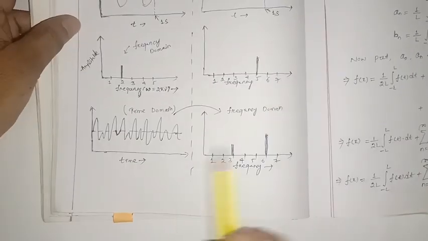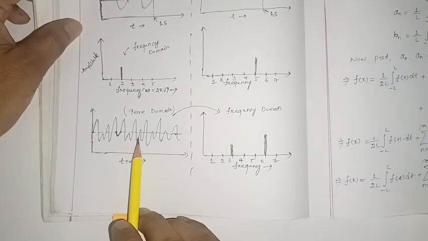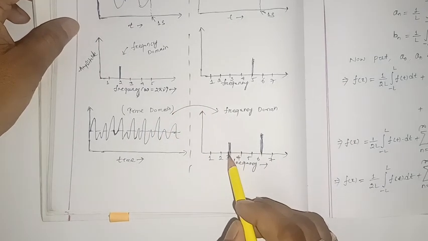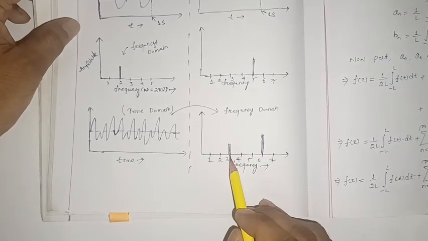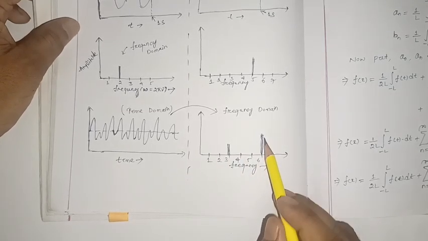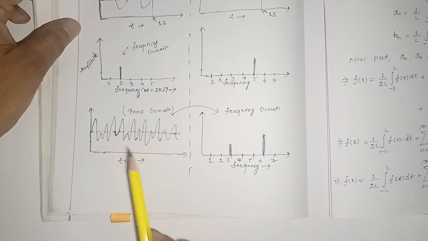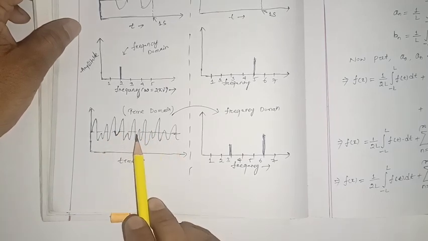Similarly, if we consider this data which is in the time domain and transform it to frequency domain, it will be observed like this: at 3 one peak, at 6 one peak. That means in this time domain data two frequencies are mixed together.